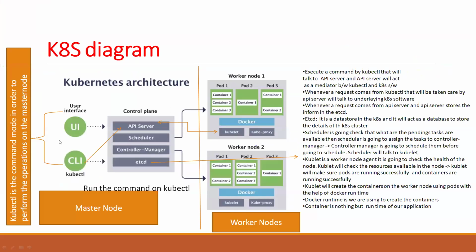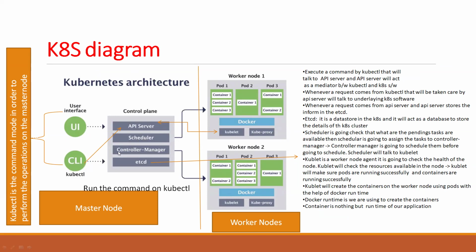Guys, got it? So for the master node and worker node, whenever you execute any command, for example kubectl get nodes, kubectl will talk to the API server.